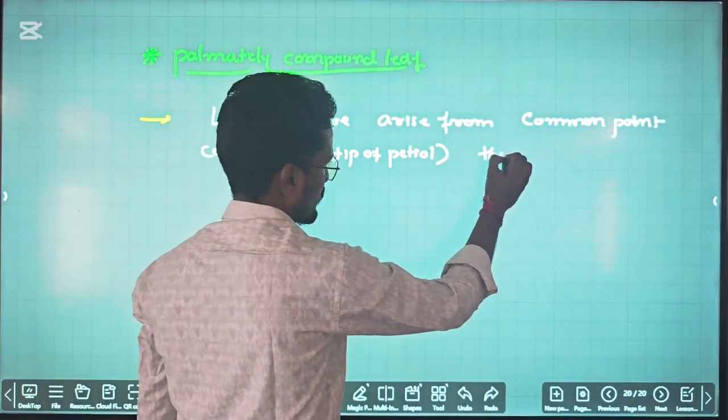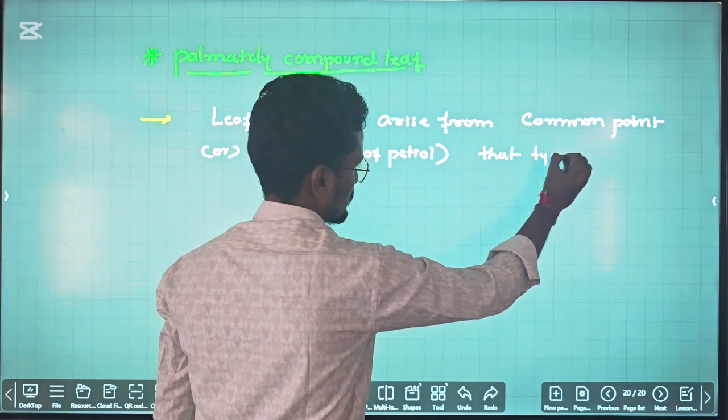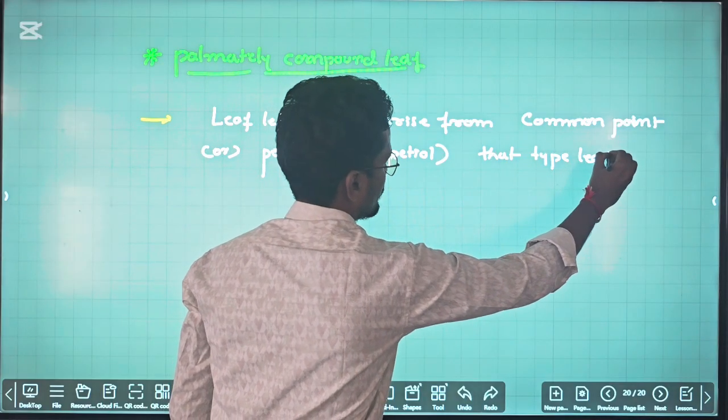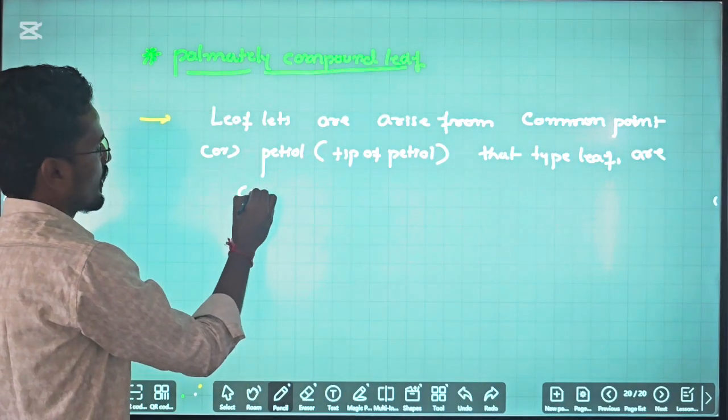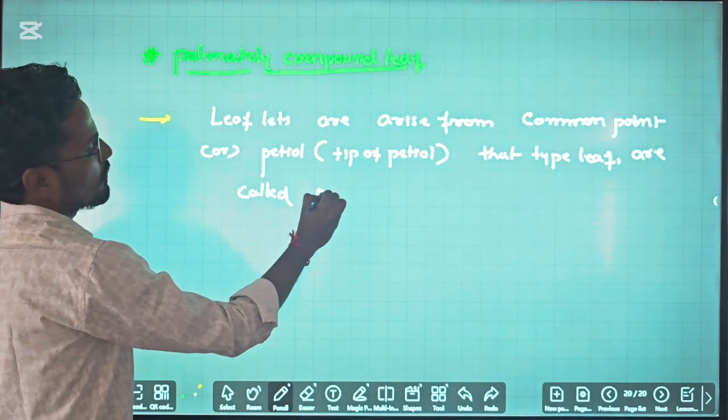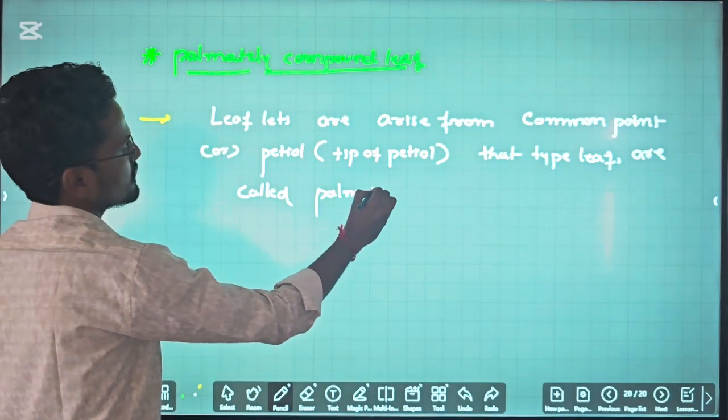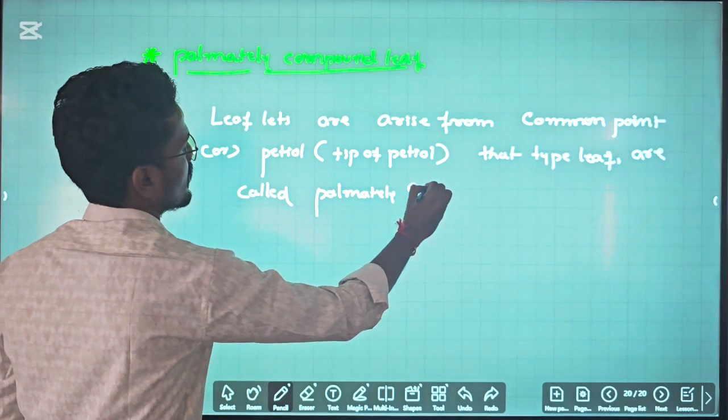That type of leaf is called a palmately compound leaf.